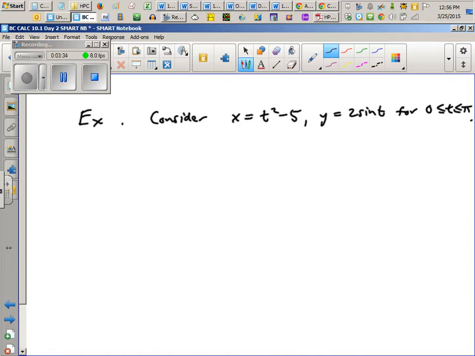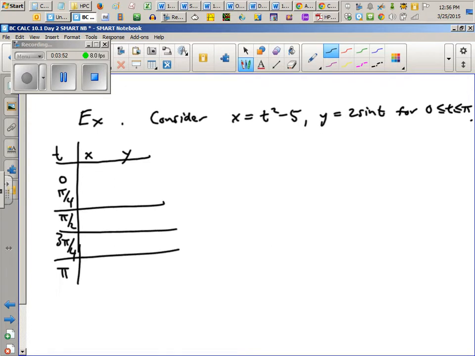So you could do this by hand, kind of sketch it out, but it's a little bit awkward because if you make a t, x, y table like we did last time, you'd probably pick times like 0, pi over 4, pi over 2, 3 pi over 4, pi. But calculating the x is a little awkward. The y's are actually pretty simple. The y's just go 0, root 2, 2, root 2, and then 0. Those are not too bad, but the x's are kind of ugly.